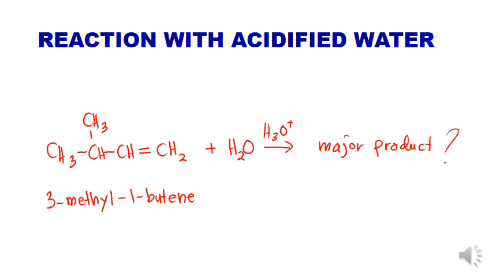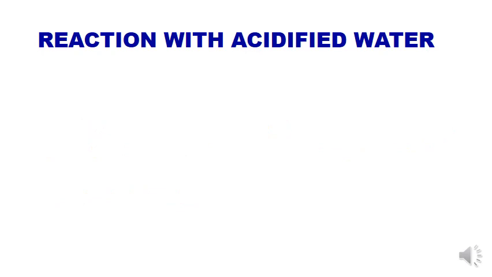Alright, so how can we determine the major product for this reaction? We can write the reaction mechanism for this reaction to determine the major product. So let's start with step number 1, which is to show the formation of the carbocation.